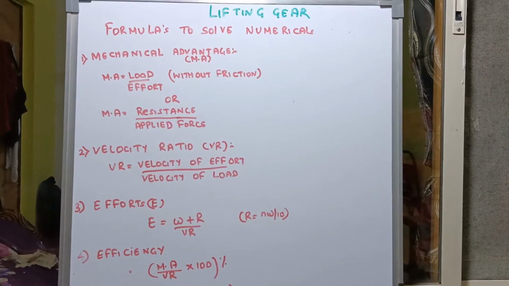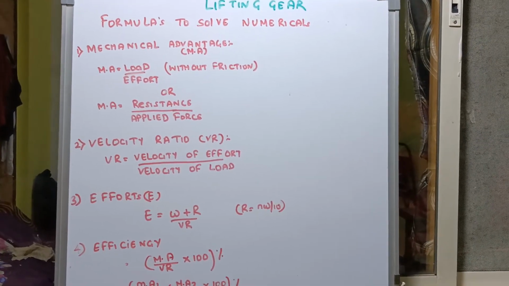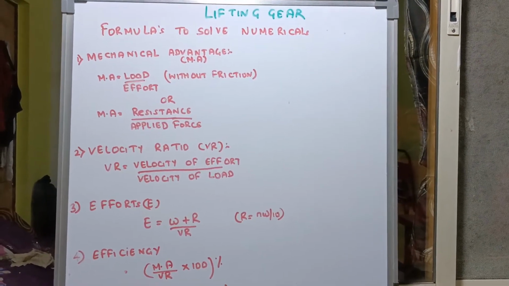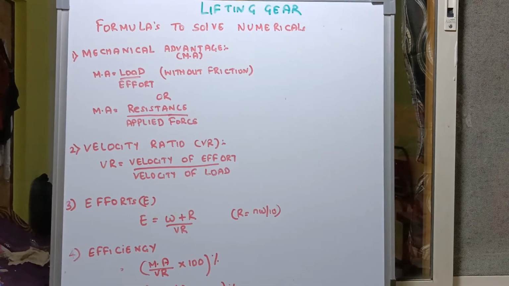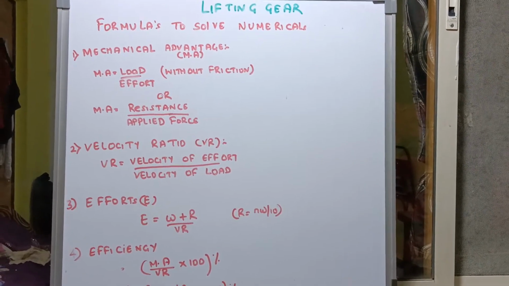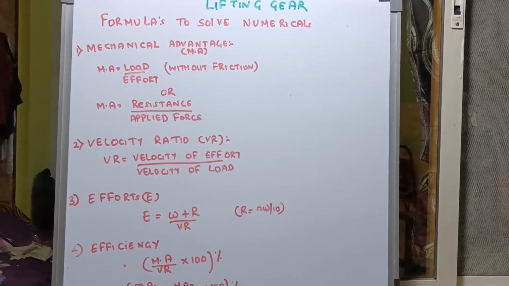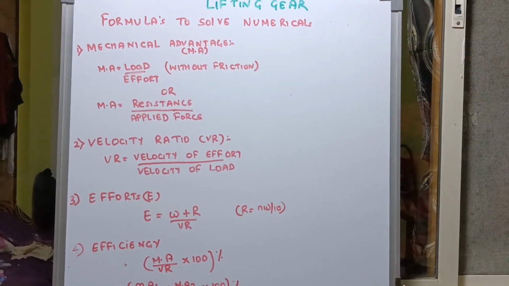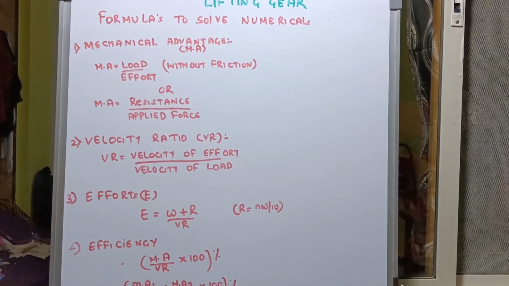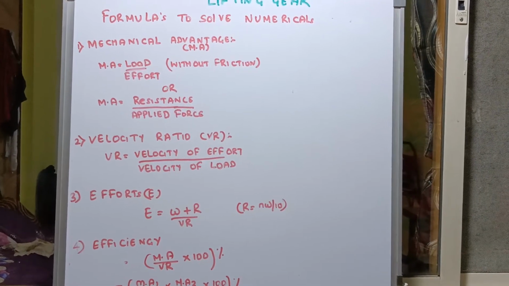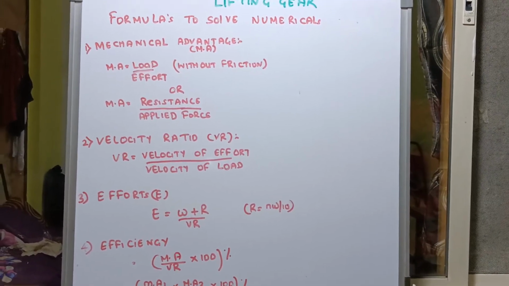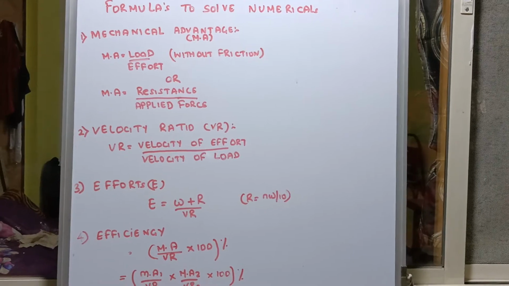There are a few formulas which we need to solve the numerical. The first one is mechanical advantage. It is the ratio of load to the effort, also denoted by MA. So MA equals load upon effort, which is without friction, or resistance upon applied force.